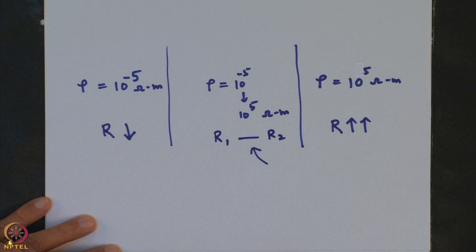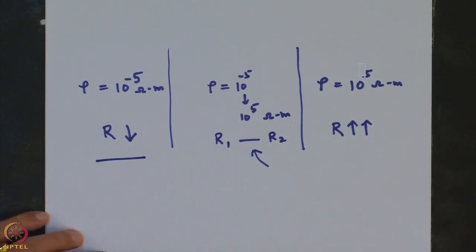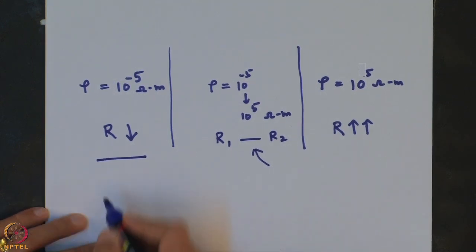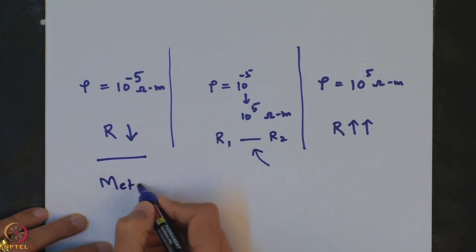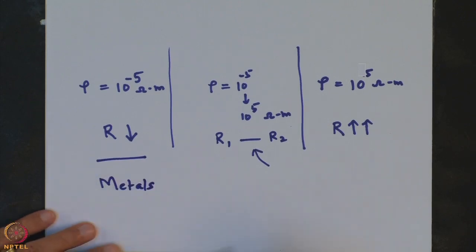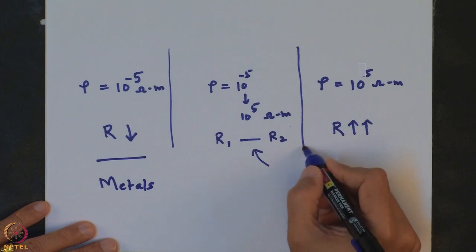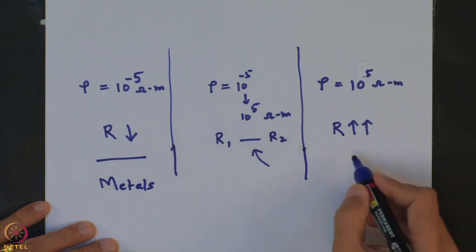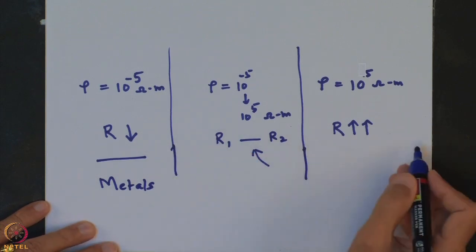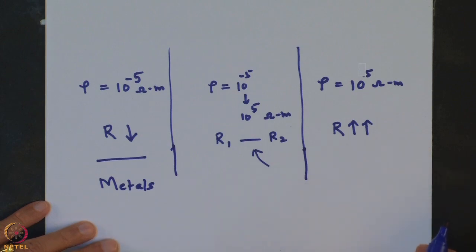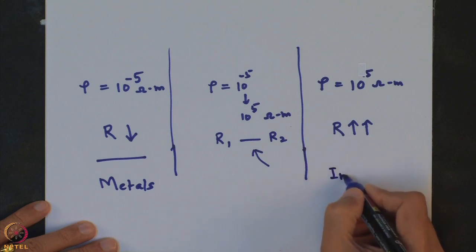Now, it is customary to actually call these solids, which actually offer a very low resistance to the flow of charge carriers, as metals. And it is very common for the other extreme category of very high resistivity, very high resistance, to be called insulators.